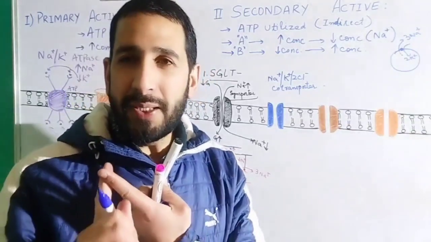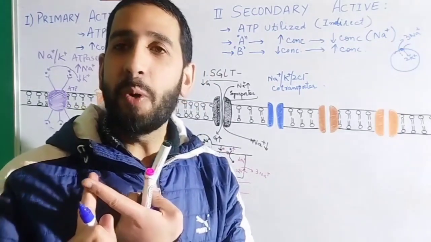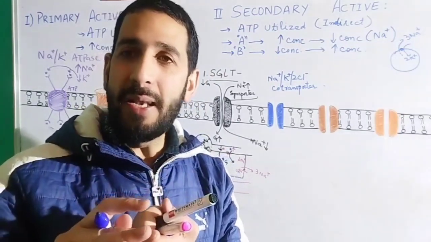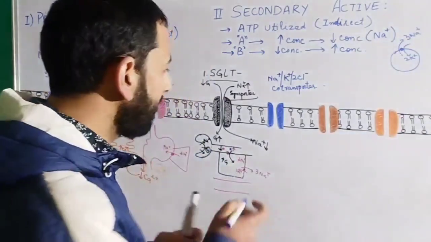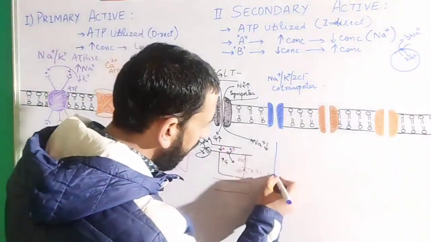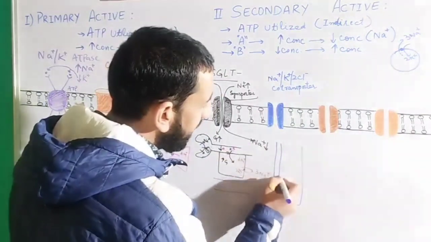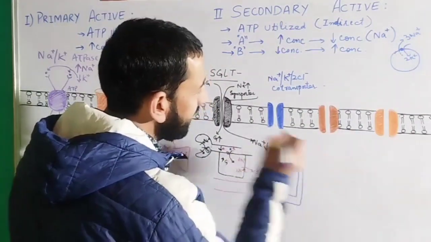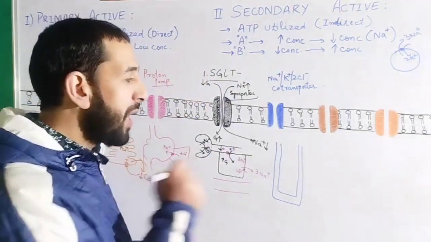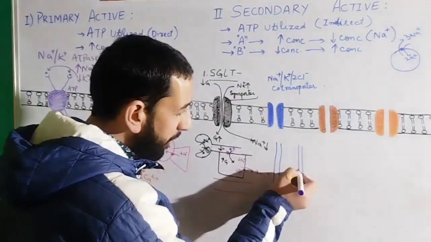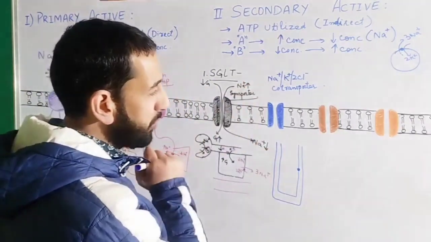Now, the question is whether sodium, potassium, and 2 chloride ions are being transported from outside to inside the cell, or from inside to outside the cell. Suppose here is the loop of Henle, and in it we have the descending limb and then the ascending limb. In the ascending limb of the loop of Henle, we have the sodium potassium 2-chloride co-transporter.